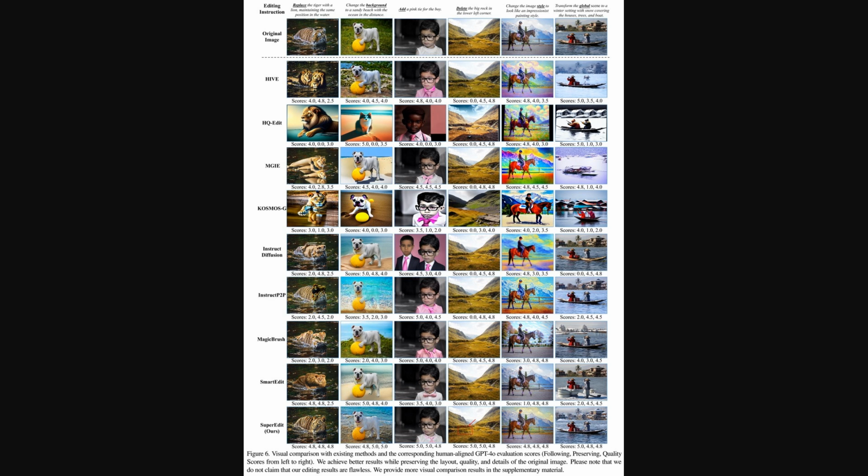And generally, SuperEdit's edits look more on point. The figure also includes scores for following. That's how well the edit matches the instruction. Preserving, how well it keeps the parts of the image it wasn't supposed to change. And quality, the overall visual appeal. SuperEdit consistently scores well across these.